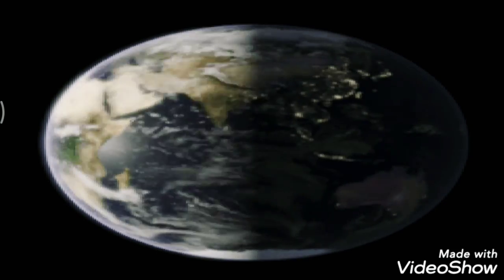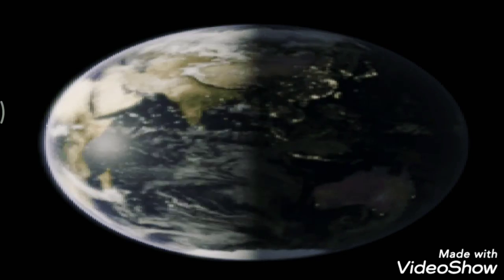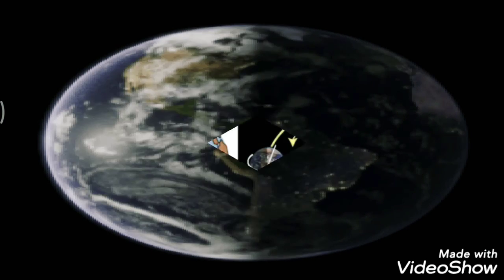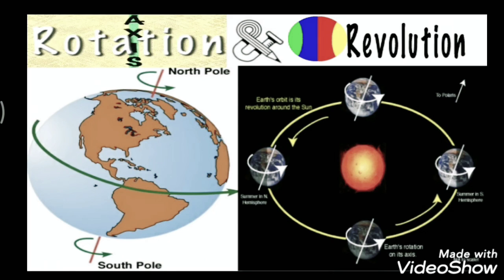Moreover, Earth not only moves around the sun but also rotates on its own axis. Now, these two motions of Earth take place simultaneously, and these are known as rotation and revolution.